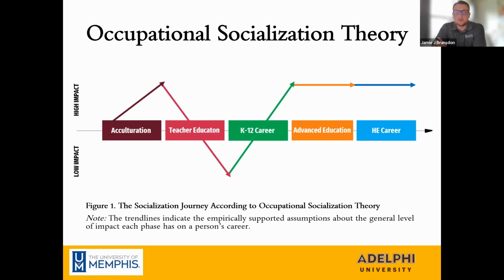There's probably plenty of people on here who have gone through phases of socialization in different orders to the one that I've explained, and that's a part of the theory, and we understand that. So that's a general overview of the theory, and it includes a plethora of theoretical concepts. But I'm more than happy to outline those at another time.